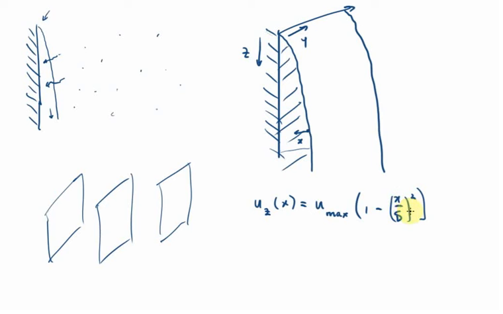So when x equals delta, this becomes a 1, and so it's 1 minus 1, and so we'll have a 0. So we have 0 velocity here, and then when x equals 0, then we are in effect looking at the surface of the film. When x equals 0, this whole factor becomes a 1, leaving us with u max. In other words, u is 0 here and u max here.